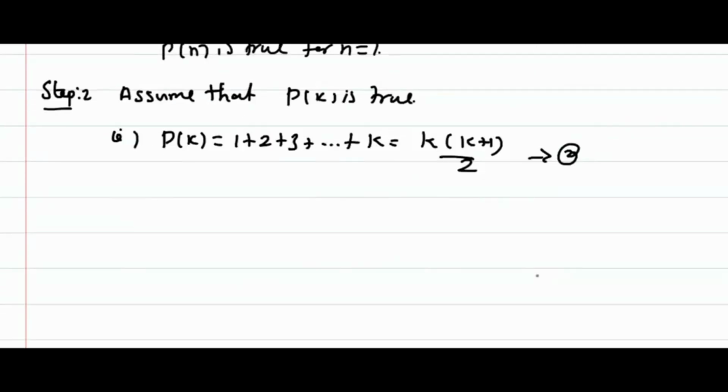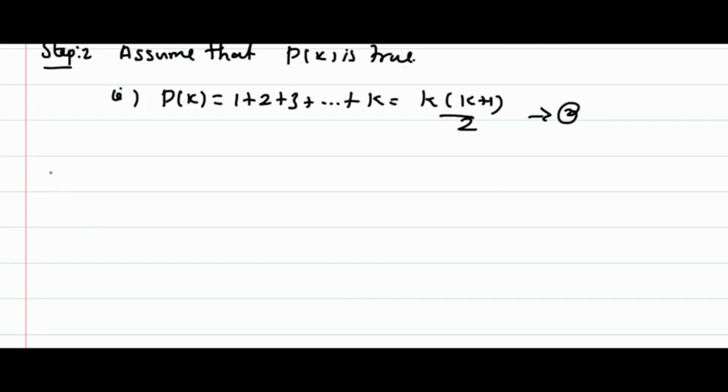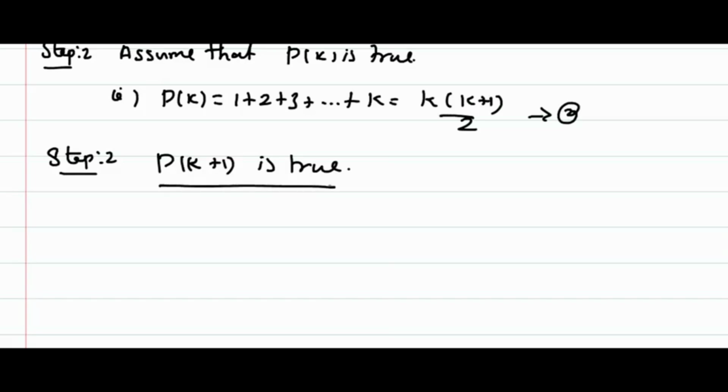Now we go for step number 3. What is step number 3? We need to prove that P of k plus 1 is true. Once it is true, all the remaining values are true. So now substitute n equal to k plus 1 in equation number 1.